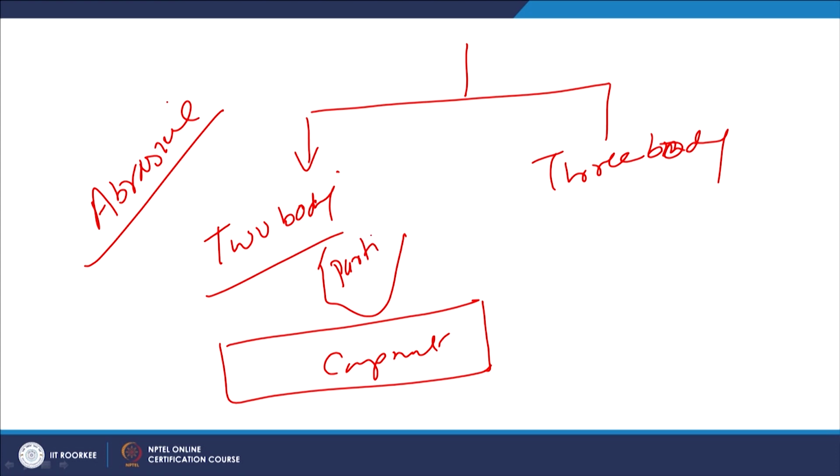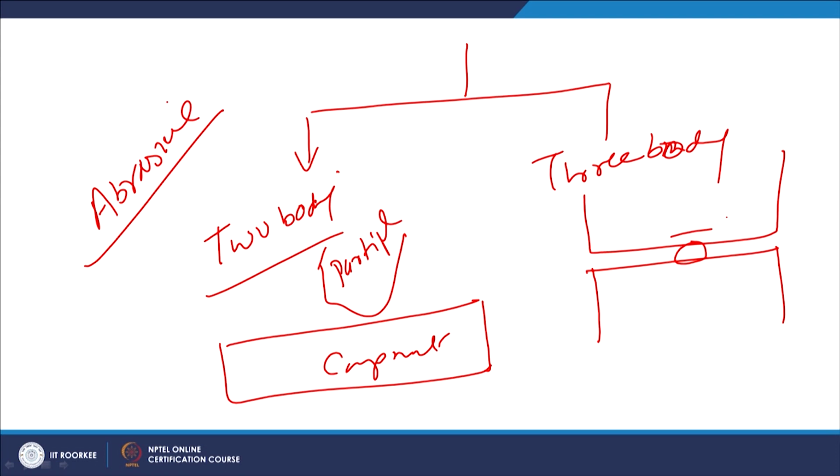This is the situation of two body abrasive wear, and in case of three body abrasive wear, a third hard particle comes in between the two components. So, it causes abrasion in both or one of the two, whichever is softer. This is the situation of three body abrasion.